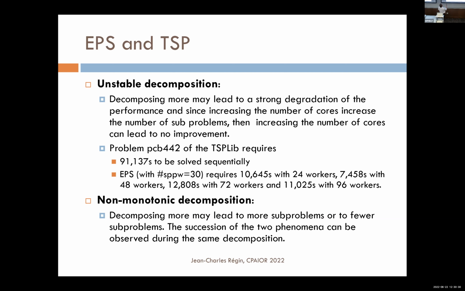You take EPS, you consider a number of subproblems per worker of 30. It requires 10,000 seconds, so this is not bad. With 24 workers, it continues with 48 workers, so you are good. A little problem here, and not better here.